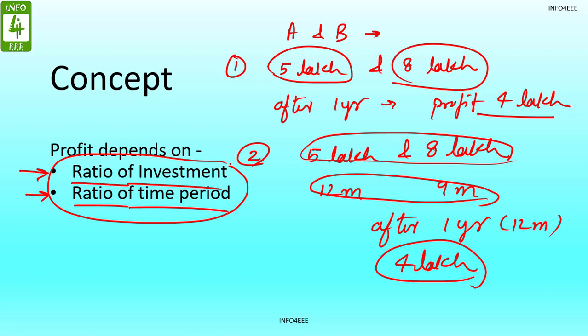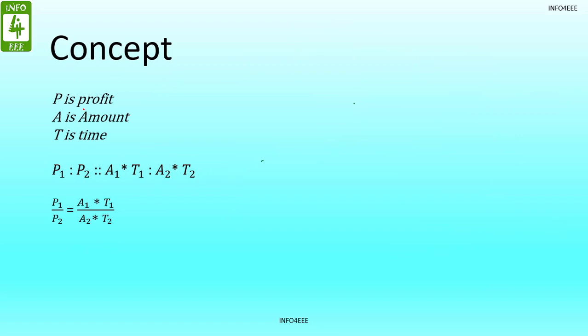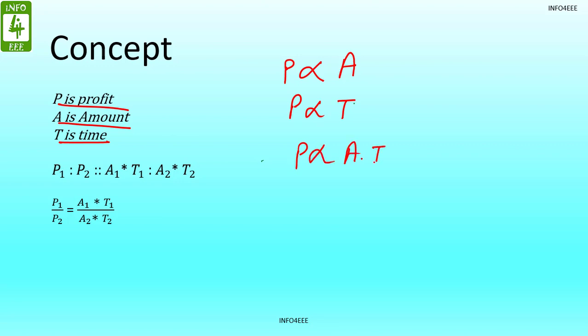Okay, if this point is clear to you, we can say the profit is P, A is the amount which they are going to invest and T is the time. So the profit is directly proportional to the amount, and also profit is directly proportional to the time. So we can say profit is directly proportional to amount into time.